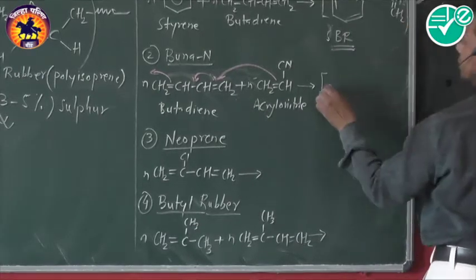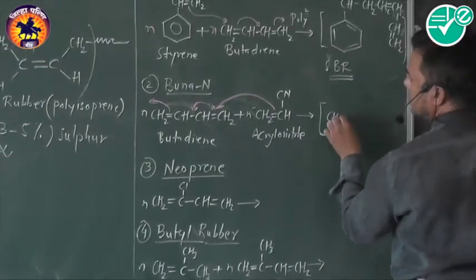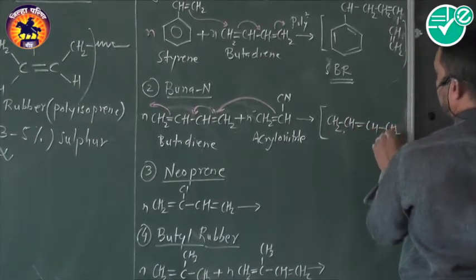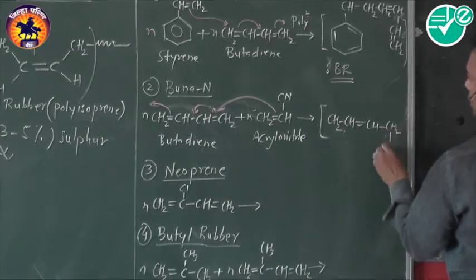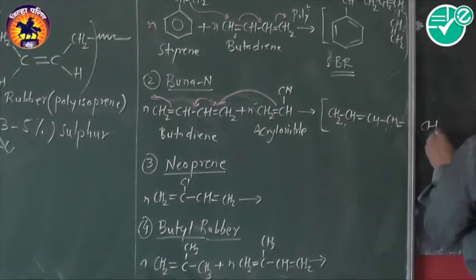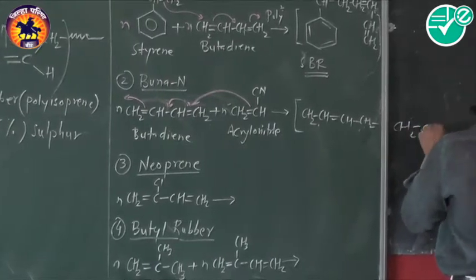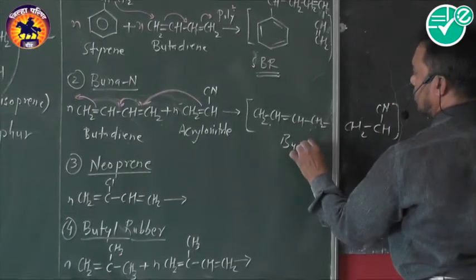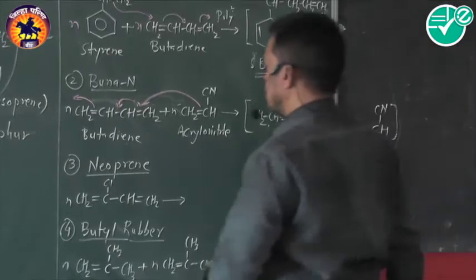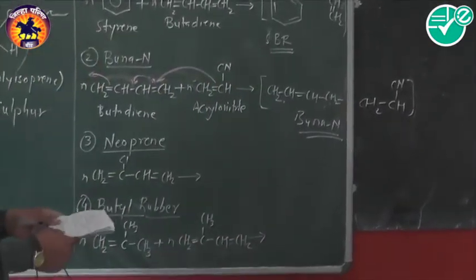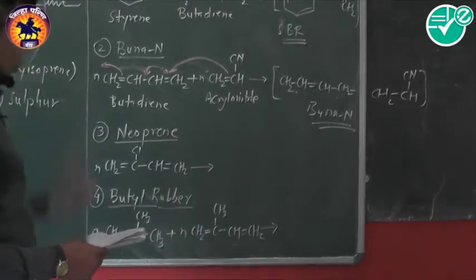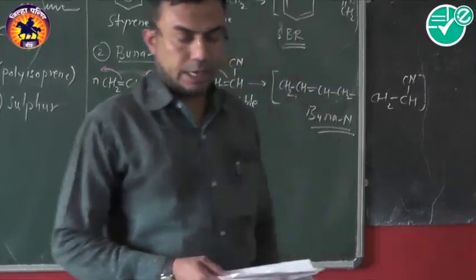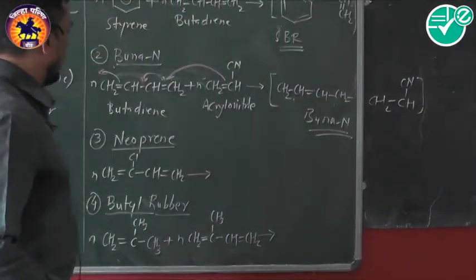You can write it as CH2 CH double bond CH single bond CH2, linked with the acrylo group, that is CH2 single bond CH CN. This is called Buna-N. This synthetic rubber is used in the soles of shoes, adhesive material, and in tank lining. So these are the applications of Buna-N.